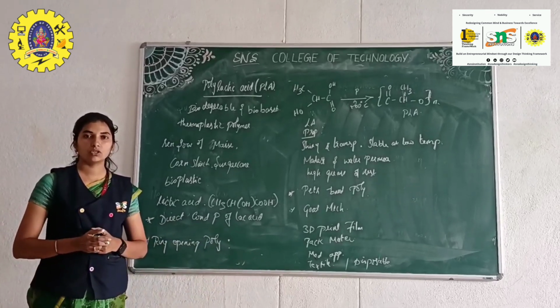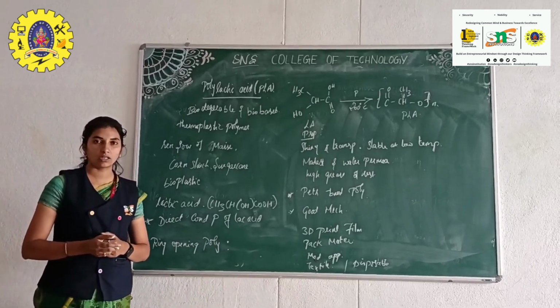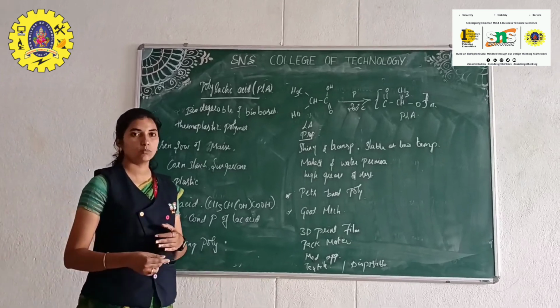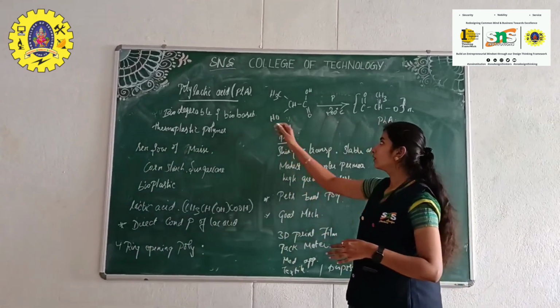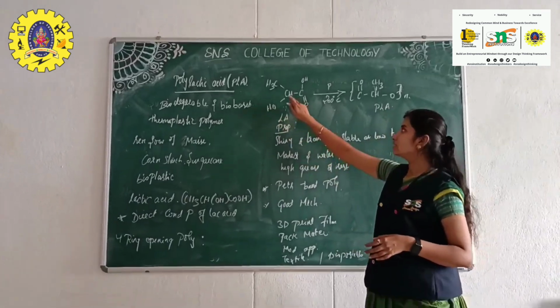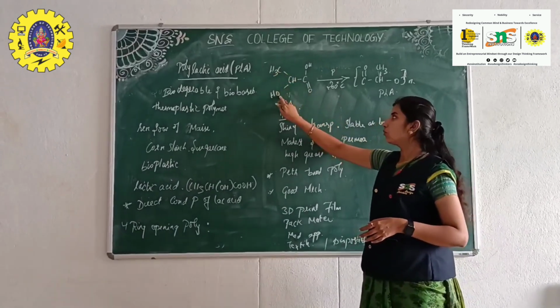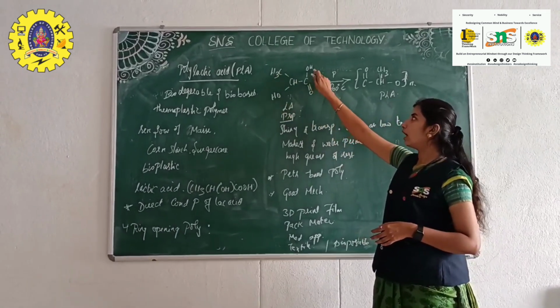Next, the preparation of polylactic acid, and how lactic acid can be converted into it. The formula of lactic acid is CH3CHOHC double bond O and OH.